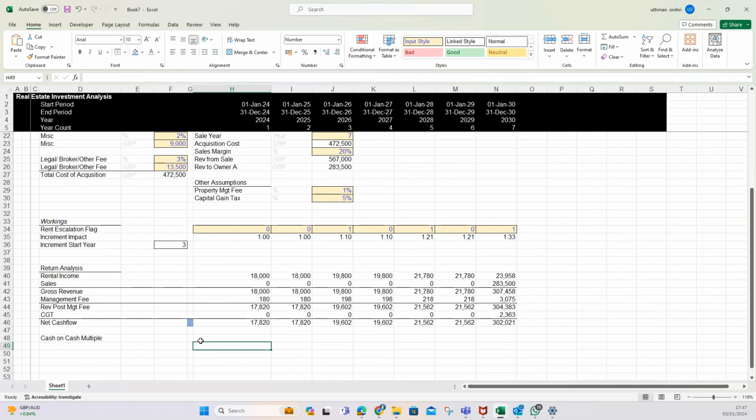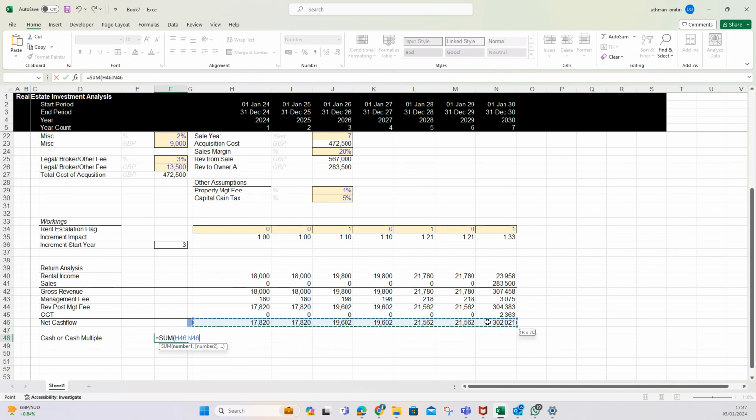So once we do that, we can simply do equals sum of my series of my cash flow divided by negative of this guy.